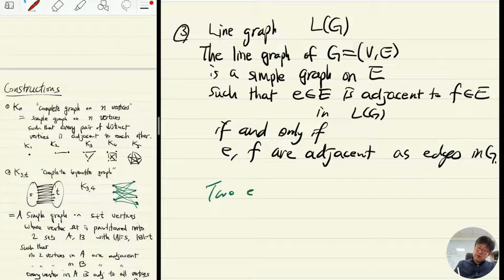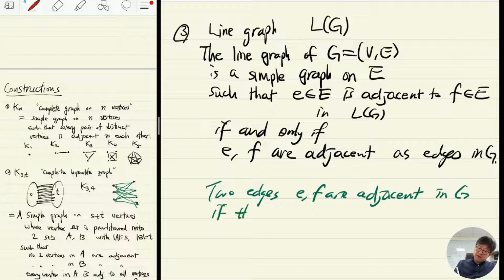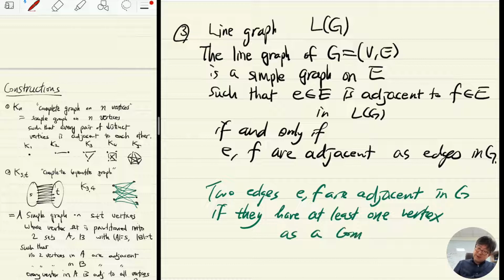Two edges e, f are adjacent in G if they have at least one vertex as a common end. If you have a common end, then we say that these two edges are adjacent.